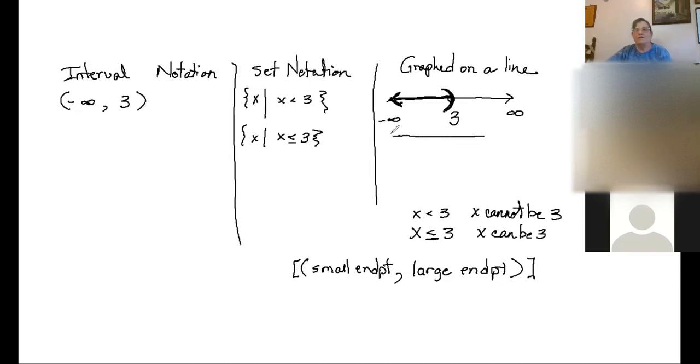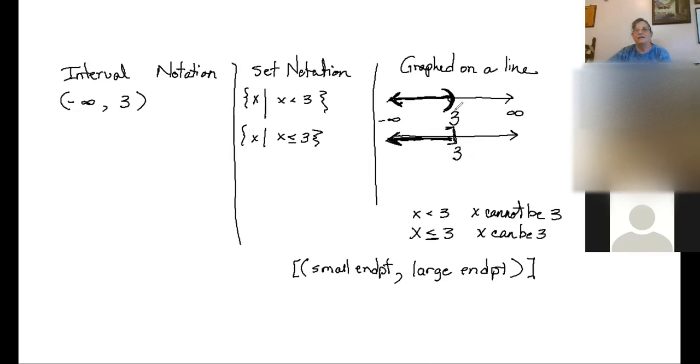If we graph it on a number line, the only difference is that where the 3 is, in order to show that the line is over here, we would put a bracket here. Like so.